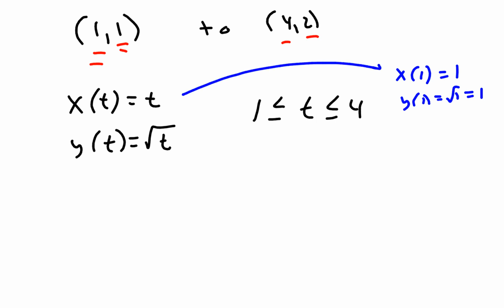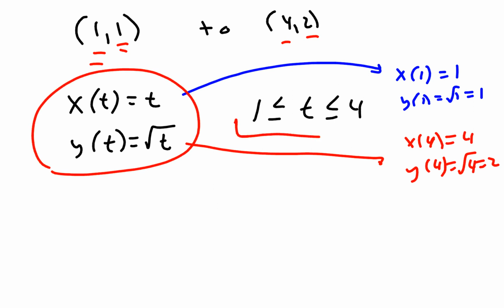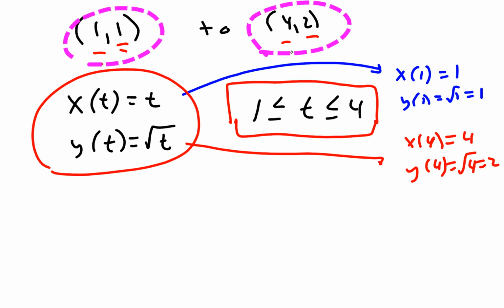Similarly, if I did x of 4, I would get 4. And y of 4 would be the square root of 4, which would be 2. So sure enough, this parameterization with this domain will go from the point (1, 1) to the point (4, 2), just like we requested.